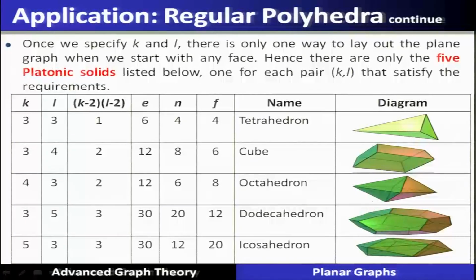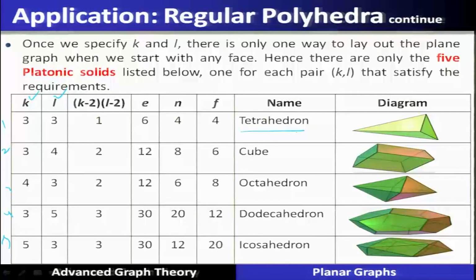So there are only 5 different Platonic solids possible, which are shown here. We have considered all the different values of k and L, and there are 5 different pairs, which determine the number of edges, nodes and faces, and a name is given to every such k and L pair.